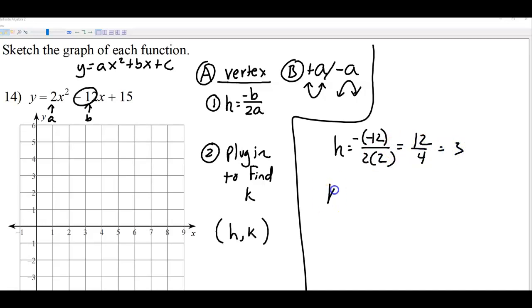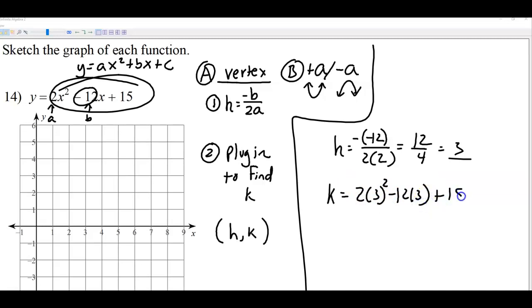To find the k value, we're just going to take this answer and plug it into the equation for x. So we have 2 times 3 squared minus 12 times 3 plus 15. Powers are first. Don't forget your order of operations.